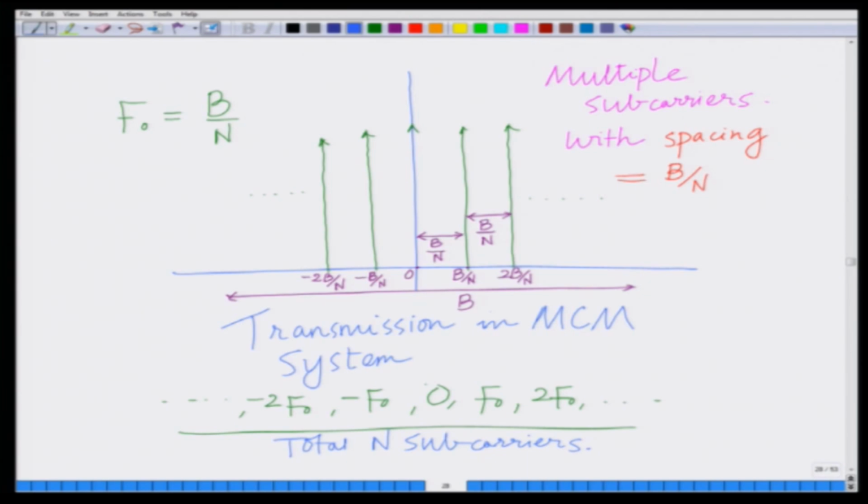So, what we are saying is we have divided the bandwidth B into N subbands. The bandwidth of each subband is B by N, and in each subband I am placing a subcarrier.